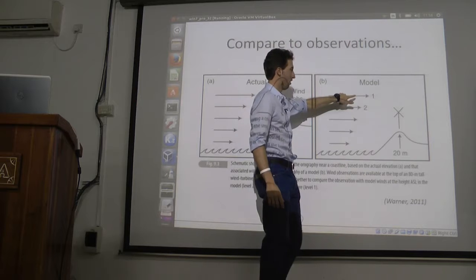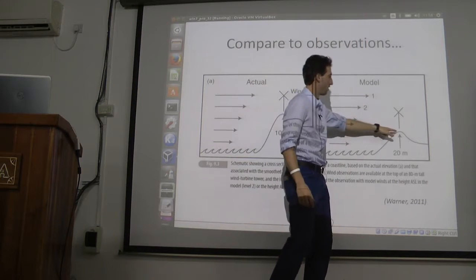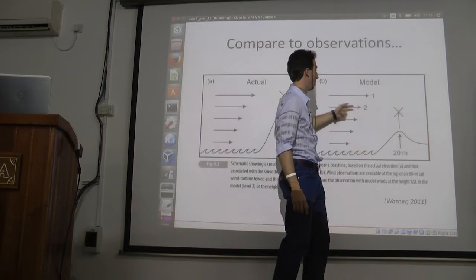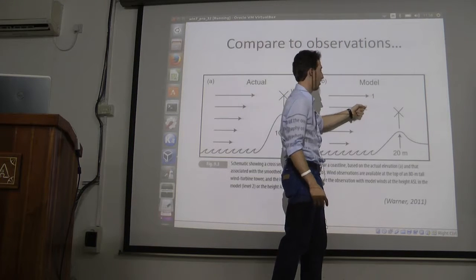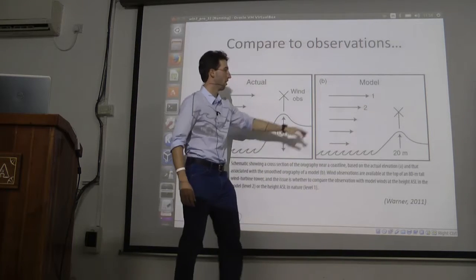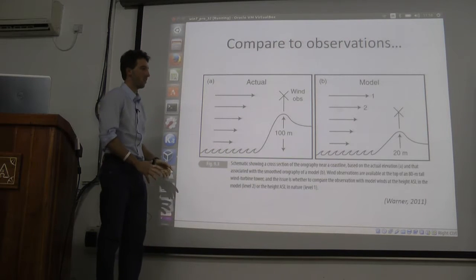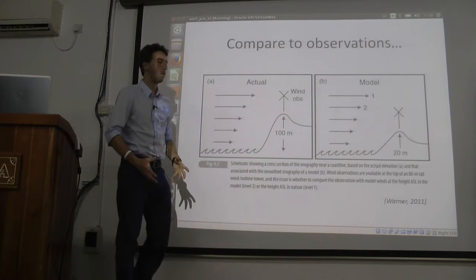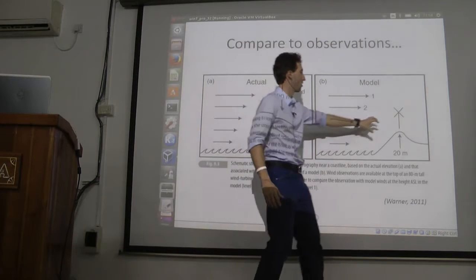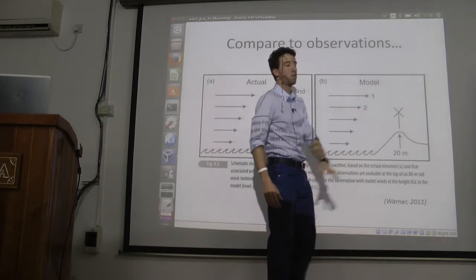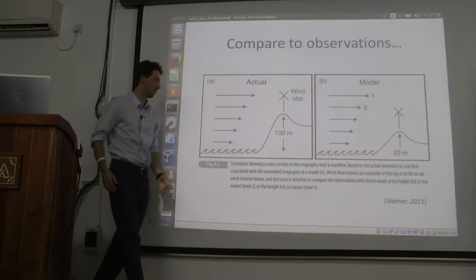And in your model, the 10 meters will be down here. Then it's measuring the error number 2. So the model is not wrong. The wrong is where you are comparing your observation.